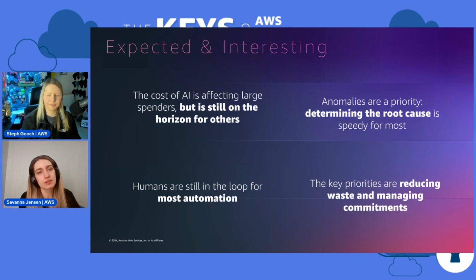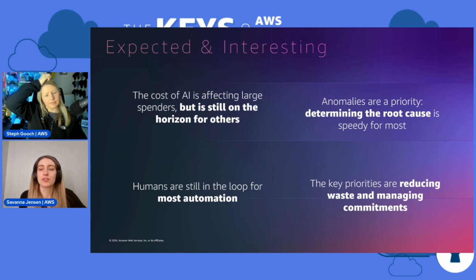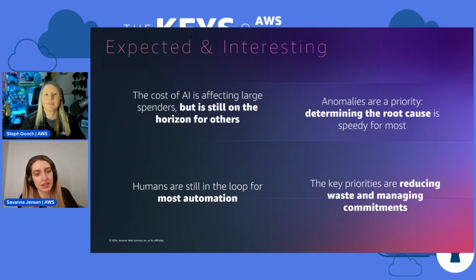Certain people who have a really strong use case and are large enough to have the funds and the skill set to start experimenting are really diving in, and that's impacting their bill pretty significantly. Whereas others are still dipping their toe in the water and haven't gotten to the all-in phase on AI or Gen AI yet.